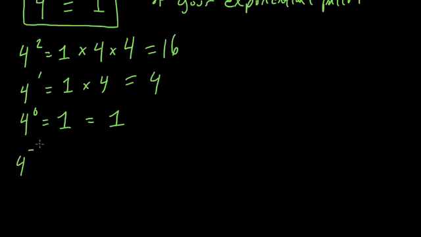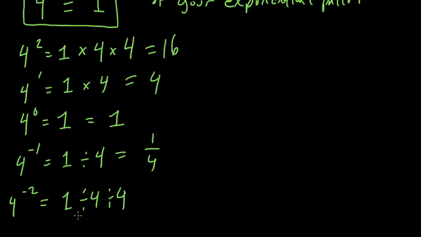But 4 to the negative 1, we said, is 1/4, because we start again at 1, but now we have a negative exponent, which means division. Starting at 1, we divide by 4 once, which equals 1/4. So 4 to the negative 2 really equals 1 divided by 4 divided by 4. You're dividing 1 by 4 twice, and that's 1 over 4 squared, which is 1 over 16.